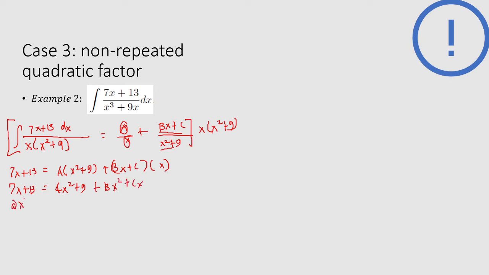Okay, at x squared, dito is 0 sa left, dito is A plus B. Very easy. At x to the power of 1, dito is 7, dito it's C. At x0 or constant, dito is 13, and then you have, this is 9 only, 9A.